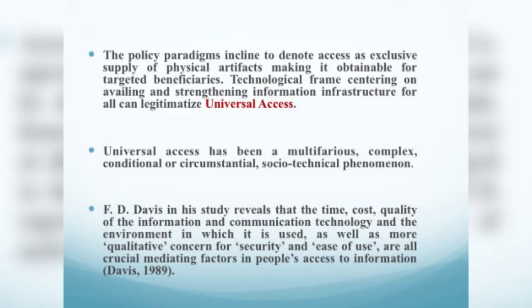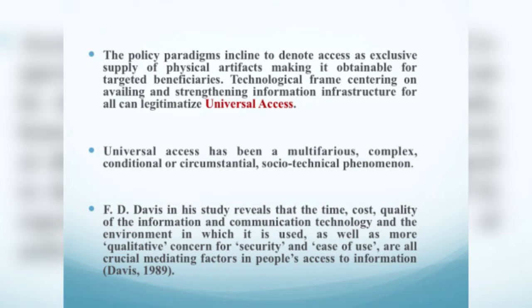In line with the digital divide, it is important to know about universal access and meaningful use. The policy paradigms are inclined to denote access as the exclusive supply of physical artifacts, making them obtainable for targeted beneficiaries. A technological frame centering on availing and strengthening information infrastructure for all can legitimize universal access.